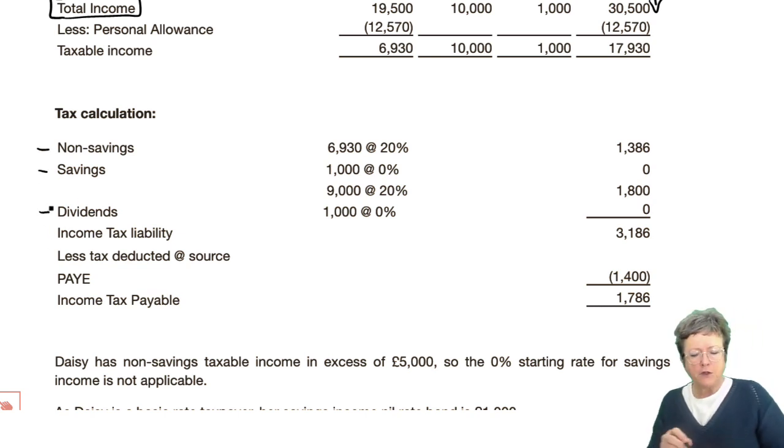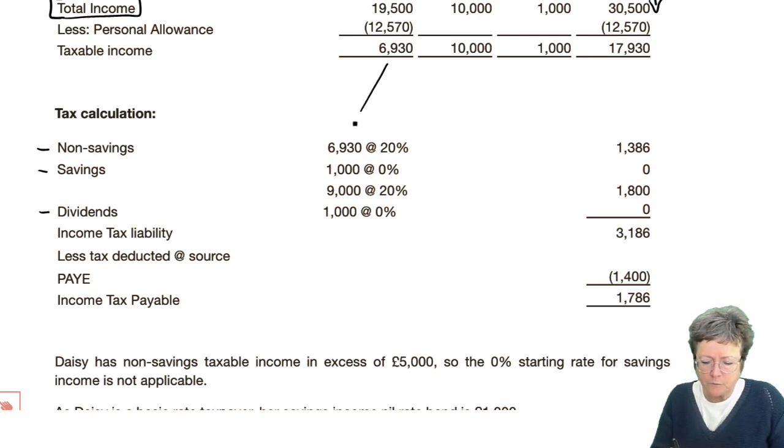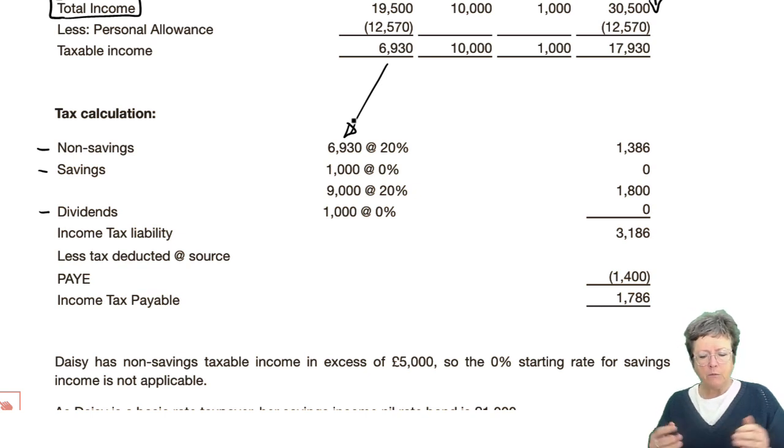Okay. So the non-savings income, there you go, 6,930 at 20%. Then savings income. Is this individual a basic rate taxpayer or a high rate taxpayer? Well, we can see the income's only 17,930, so therefore they are a basic rate taxpayer. So the savings nil rate band is 1,000 at 0%.